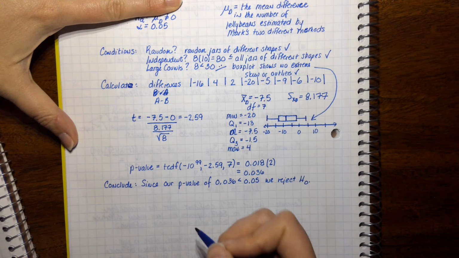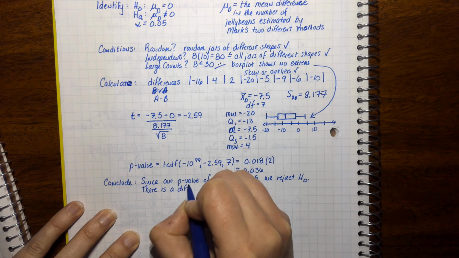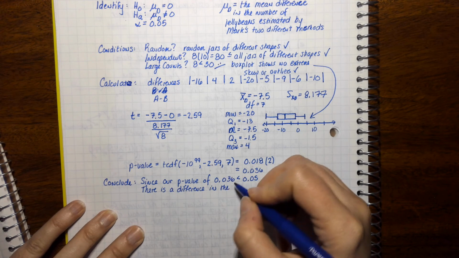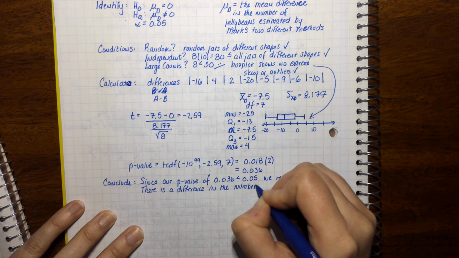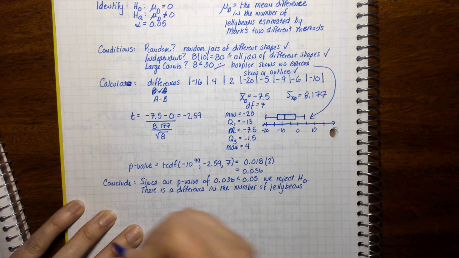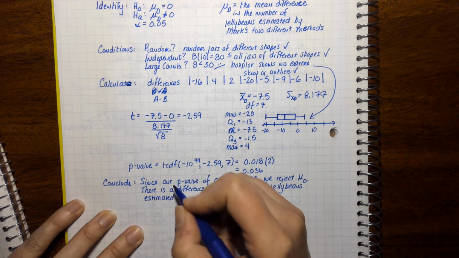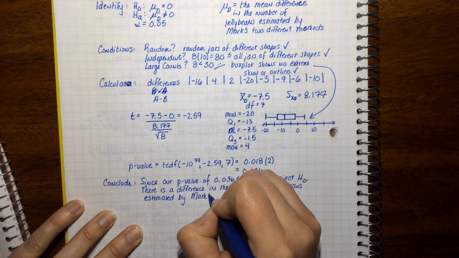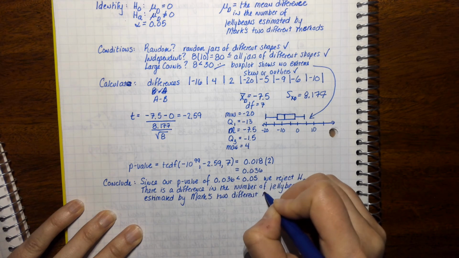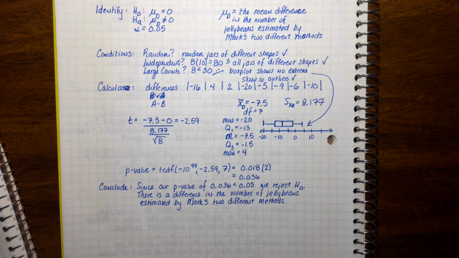That means that there is a difference in the number of jelly beans estimated by Marks according to different methods. One of the methods is clearly better than the other one.